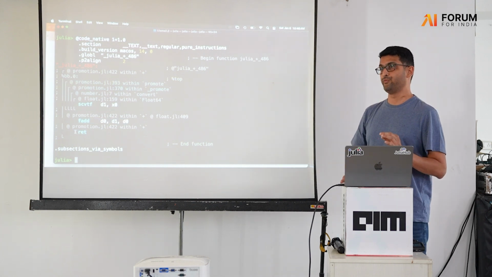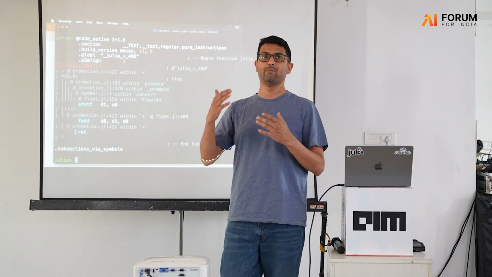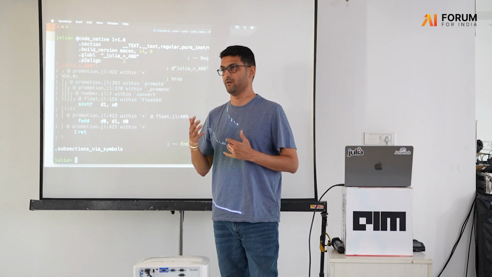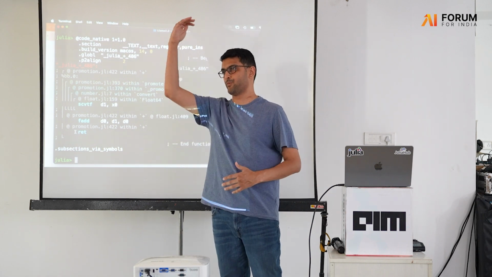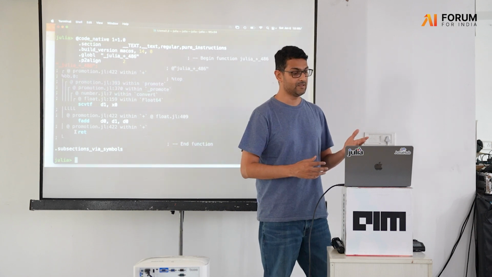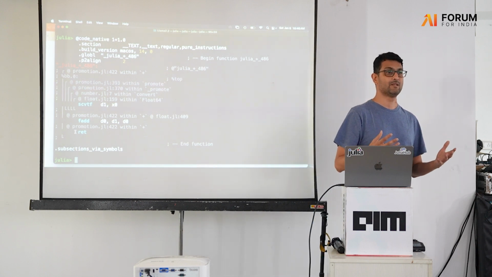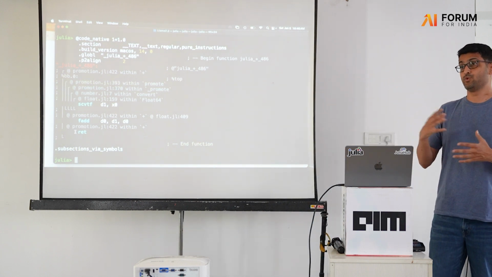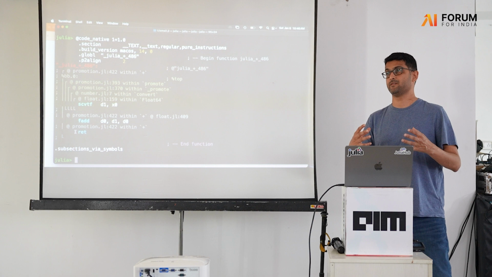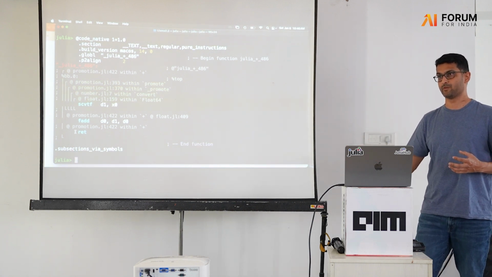If you're a C programmer, you'd intuitively think that any program that produces compact assembly will be high performance, right? Or if it produces pages and pages and pages of code, then it's probably going to be slow. So this is one of the reasons why Julia is fast. Now we can go into a lot of language design issues around why Julia is able to do this, right? What kind of analysis of your program Julia is able to do so that it can produce this high performance code.